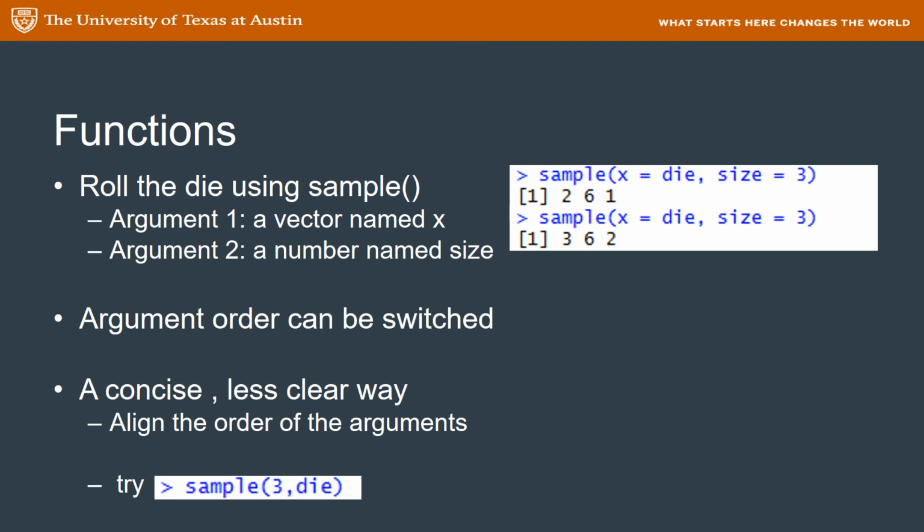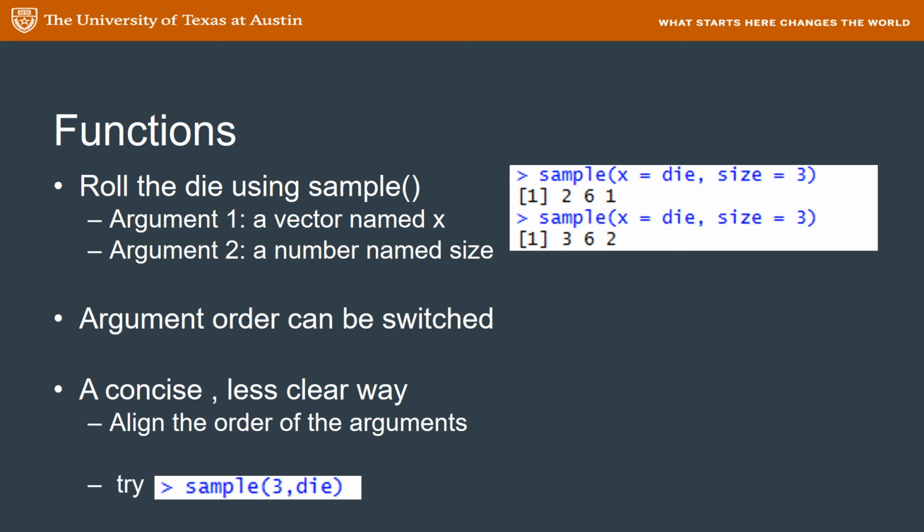So go ahead and try this example: sample, x equals die and size equals 3. The result will give you 3 random digits from 1 to 6. And if you run the function again, it will give you a different result.